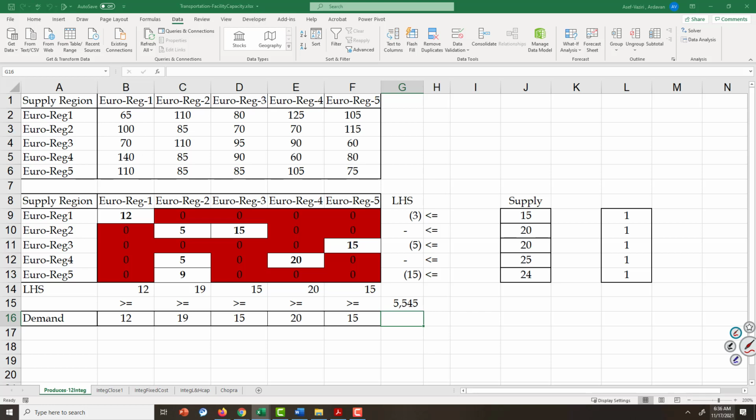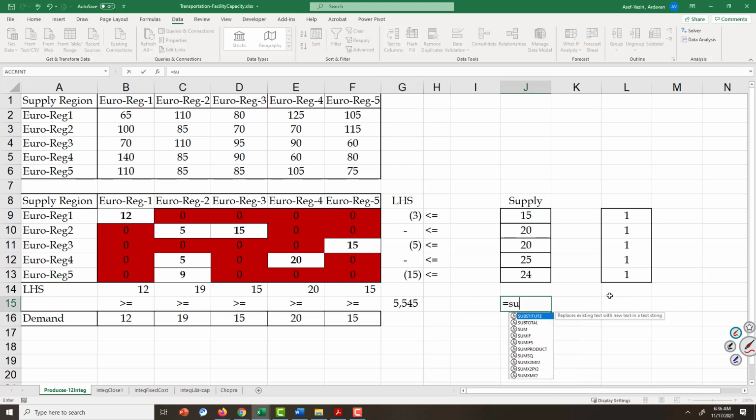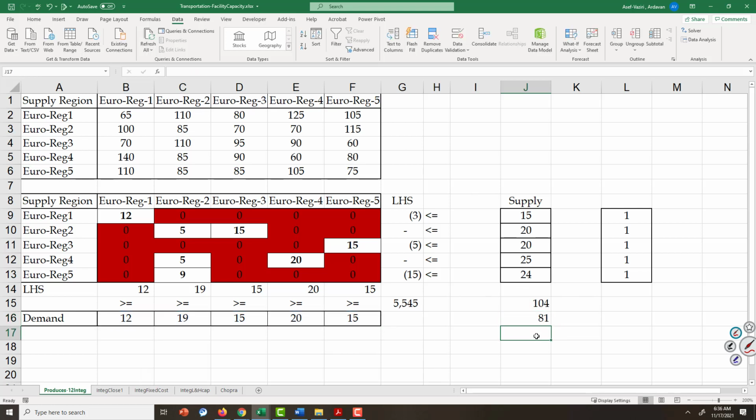Now suppose this company has decided to reduce the number of plants by 1. Still, that is the supply summation of everything, and here the demand summation of everything, equal to supply minus demand.